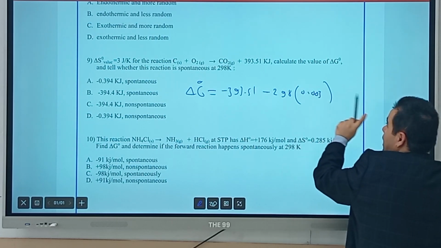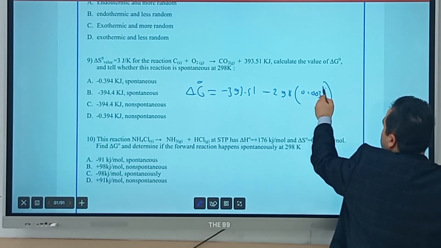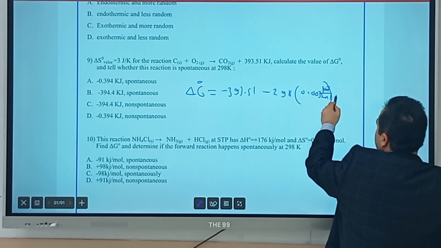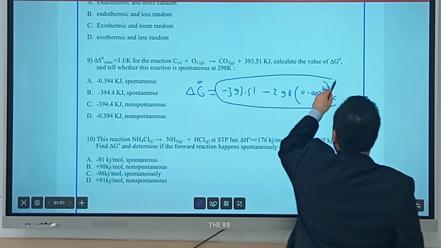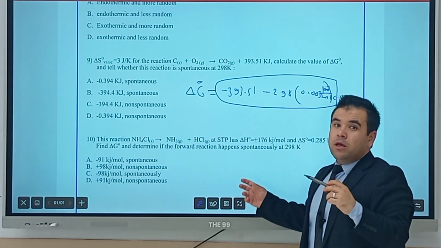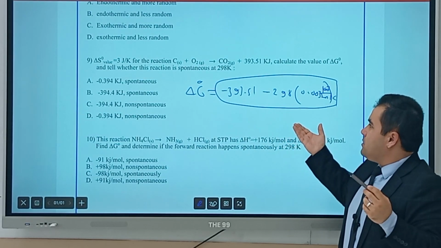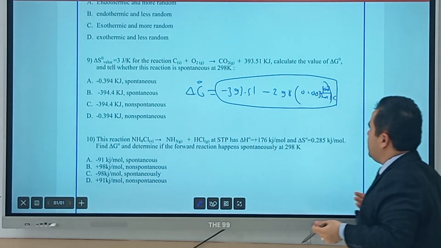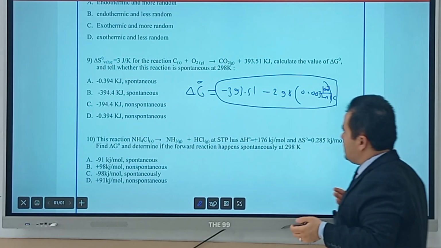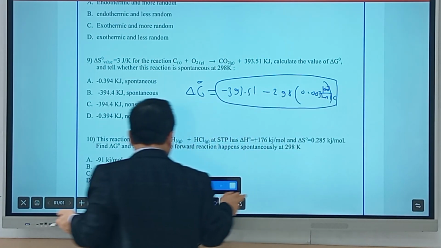We have to divide by 1000 to become kilojoules per mole Kelvin, okay? That will result in delta G, and if it is negative, yes, you can say it's spontaneous. If it's positive, no, it's non-spontaneous. That's how we can solve the question.